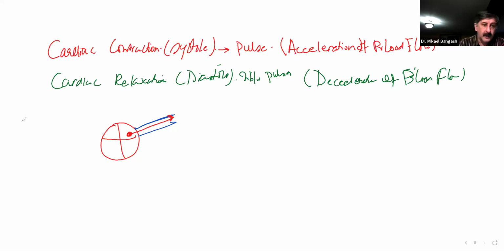Whereas when the heart relaxes, two things: the blood flow may be at a slower speed, and or going in a backward direction.